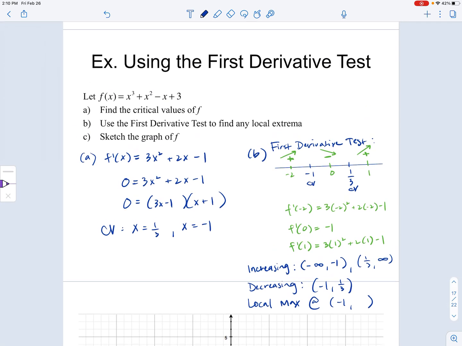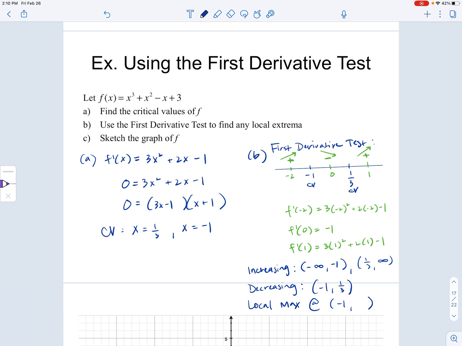So at -1, comma, we want to know what the y-coordinate is there. So plugging -1 into f of x. f of -1 would be -1 plus 1 plus 1 plus 3.